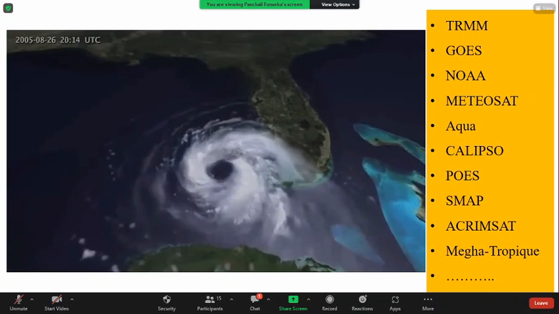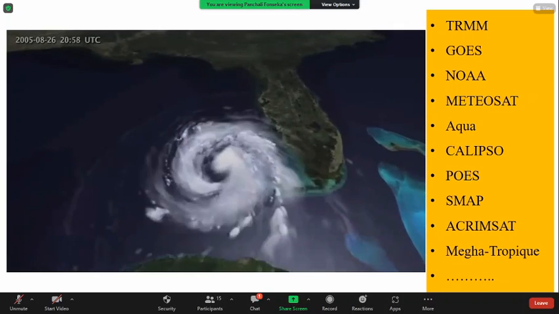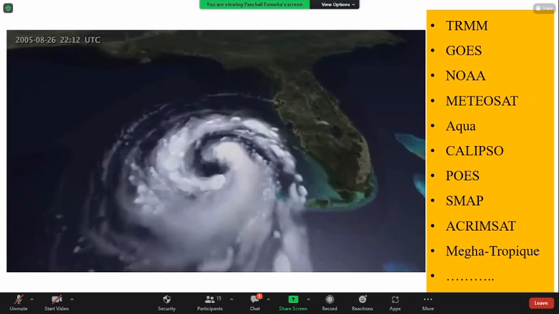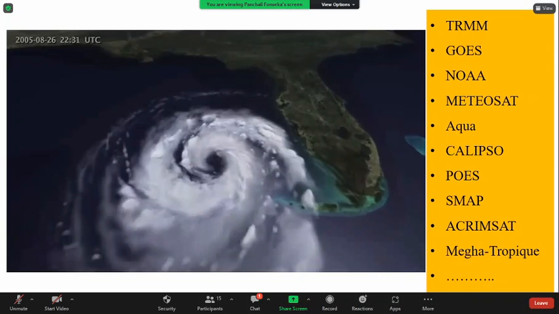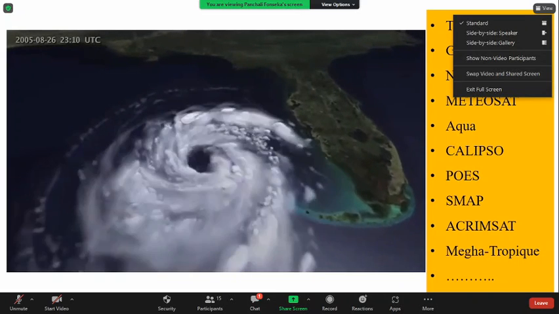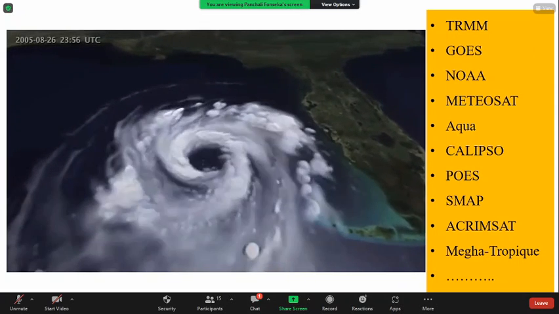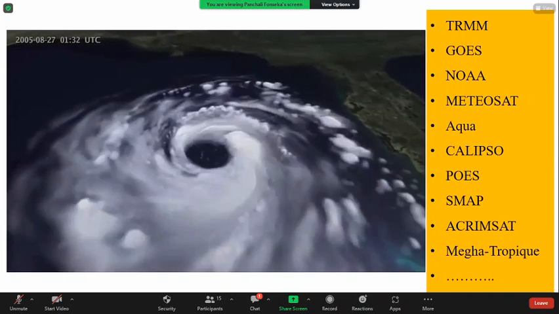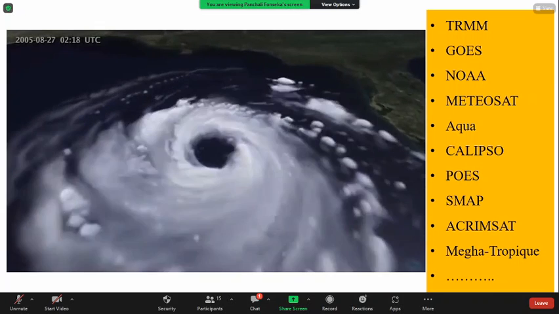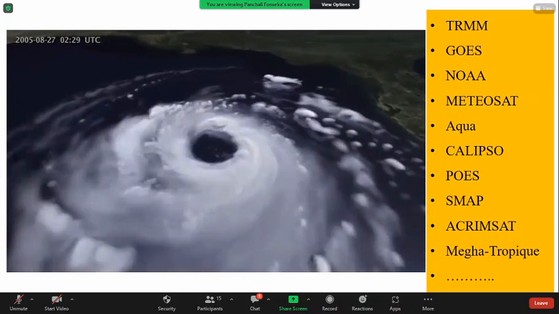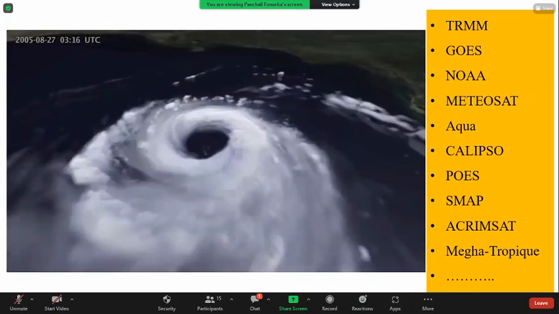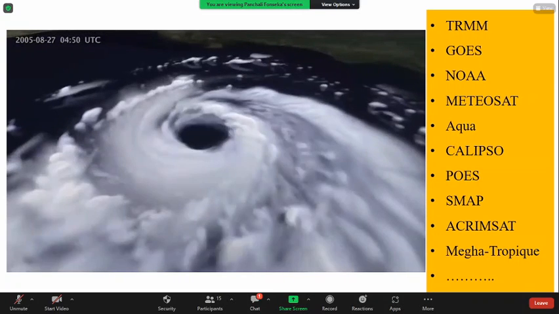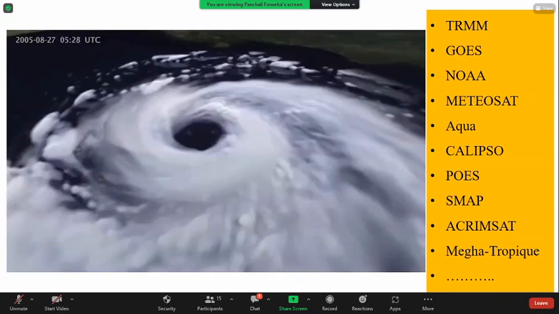Hurricane Katrina is considered a tropical cyclone which struck the Gulf Coast as the third strongest hurricane to hit the US. The storm initially formed as a tropical depression southeast of the Bahamas. What the satellite does is pass around the Earth and capture images.